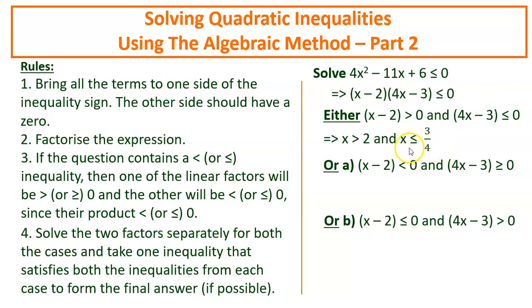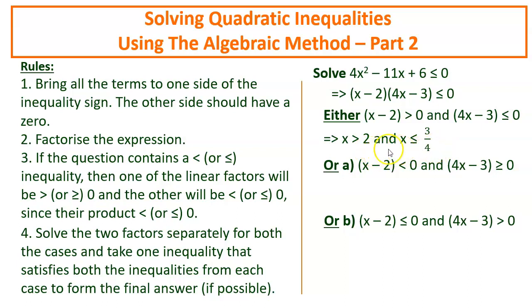Negative 1 is less than 3 over 4, but negative 1 is not greater than 2. So we cannot think of any number which is less than 3 over 4 but is greater than 2. Negative 1, negative 2, all negative numbers are less than 3 over 4, but they are not greater than 2.